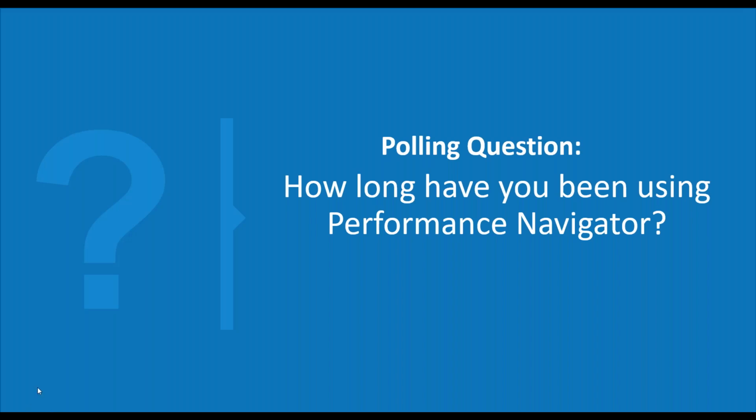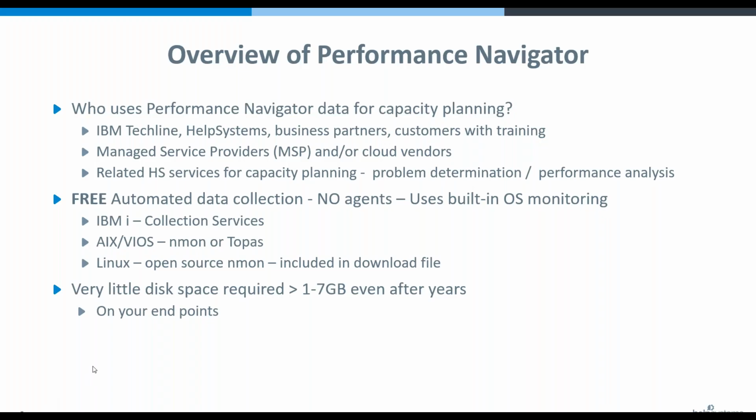Let's move on to our next topic, which is overview of Performance Navigator. What is it? Who uses Performance Navigator for capacity planning? Well, we do, HelpSystems, of course. IBM Techline, if you don't know that, they actually have a relationship with HelpSystems, and they've been providing capacity plans for customers also, and business partners.